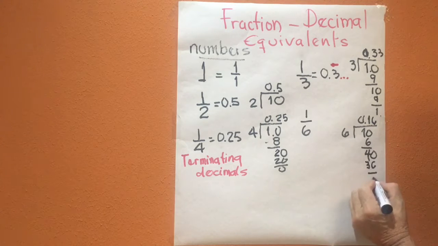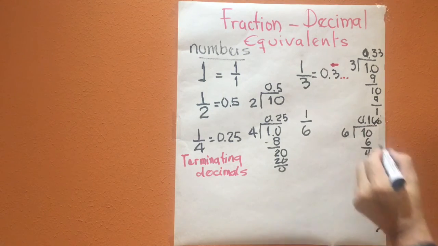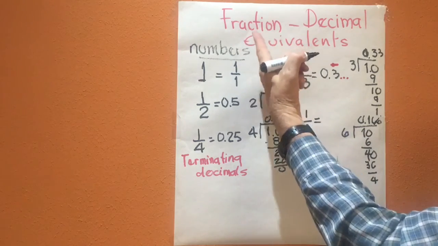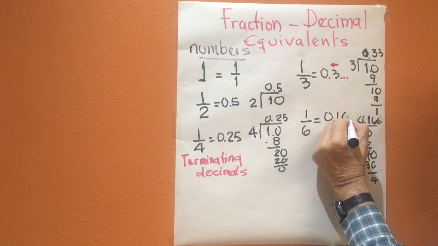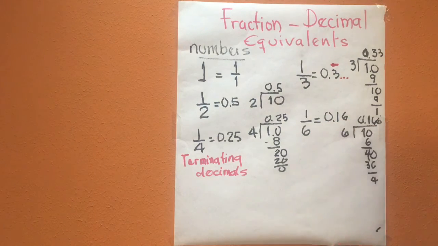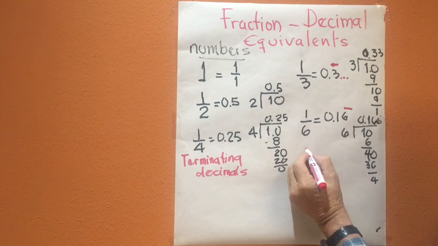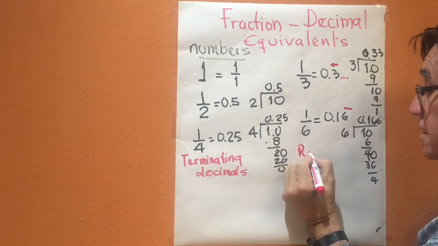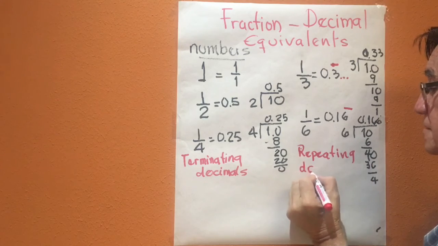The remainder is going to be 4 again. And I will continue repeating 6. That means that my answer of a fraction equivalent to a decimal will be 0.1666. That means that this 6 is going to be repeated. Then we can say that this decimal is called a repeating decimal.